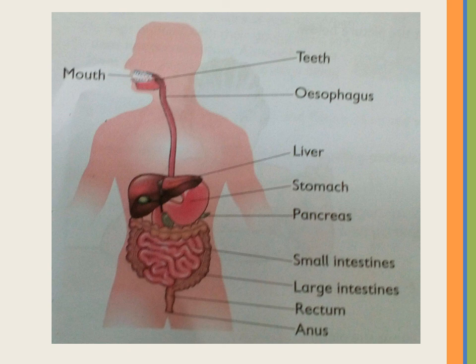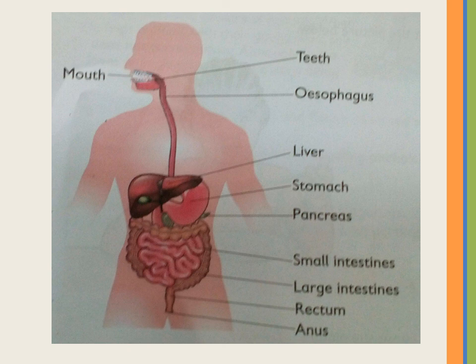Pupils, up to that point, we have come to the end of our science lesson on the human body, whereby we have talked about the digestive system. What is the digestive system? It is a tube that runs from the mouth to the anus.